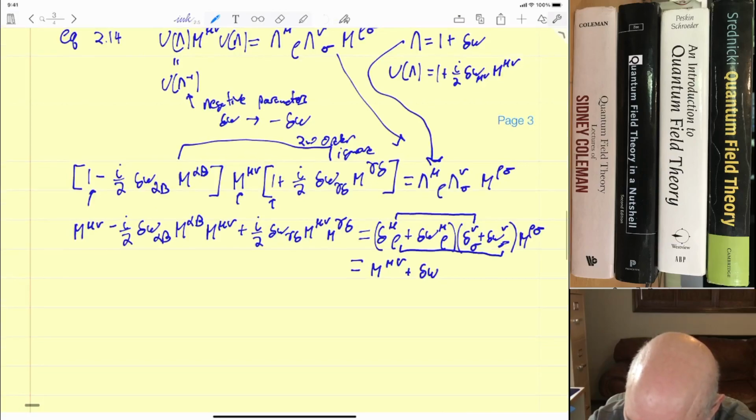Del omega, I'm going to have a nu here and a sigma, and I'm going to substitute for rho mu, mu sigma, plus, and then I have the other cross term.